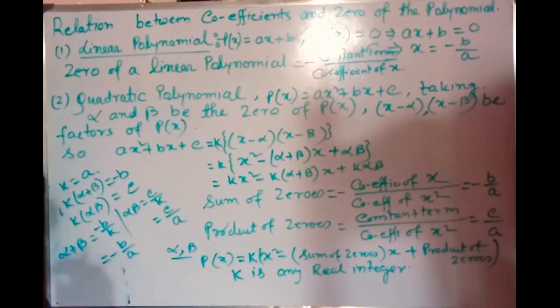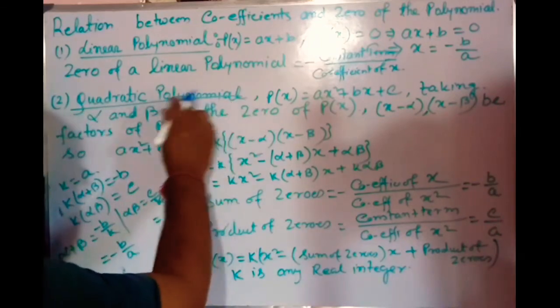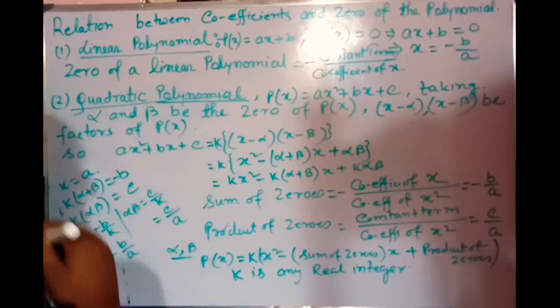Understood? So this is the relation for the linear polynomial, and this is for the quadratic polynomial. Hope you are able to understand it.